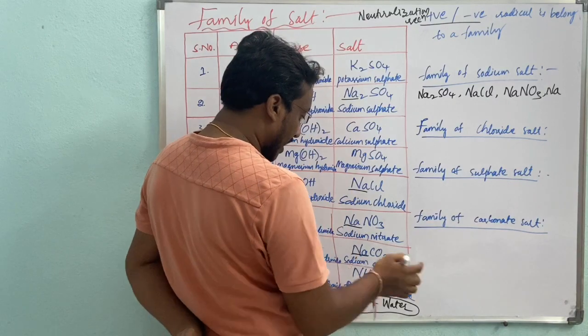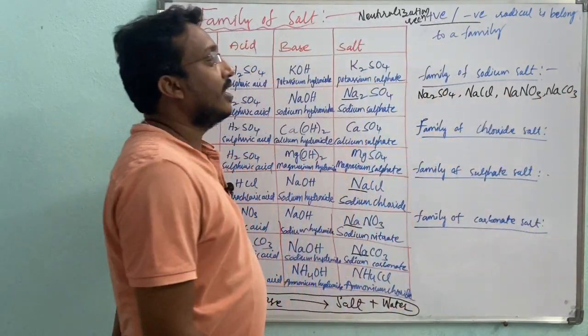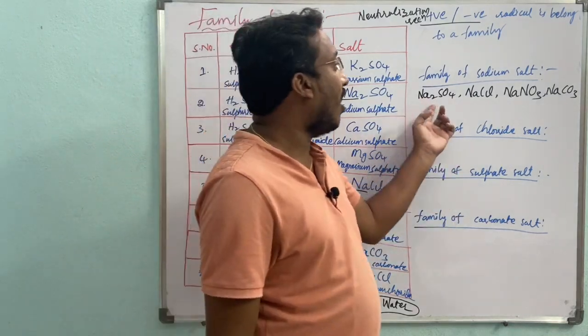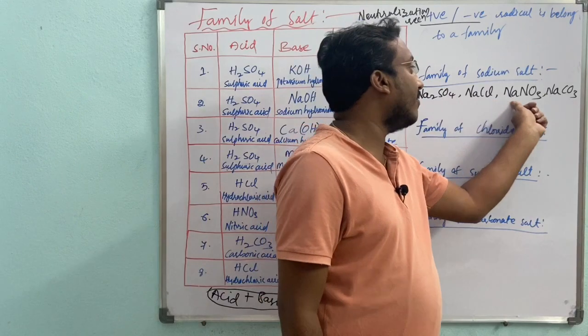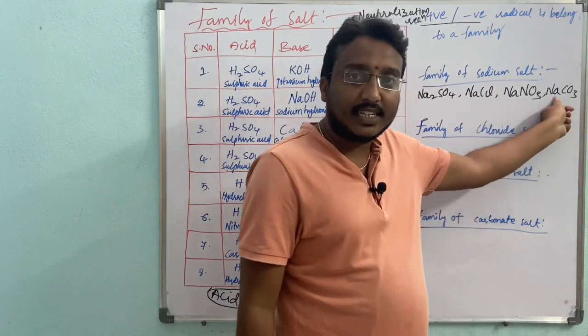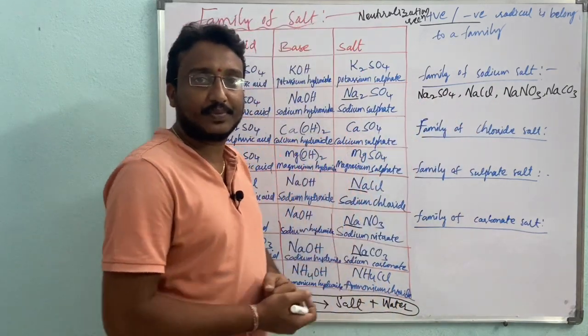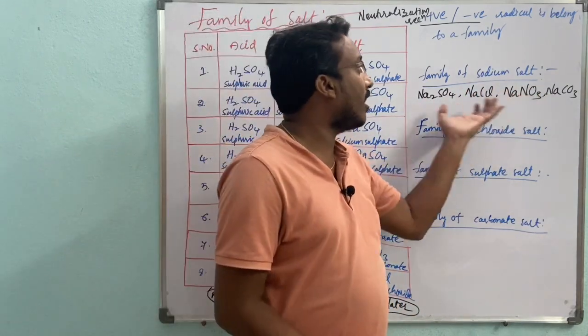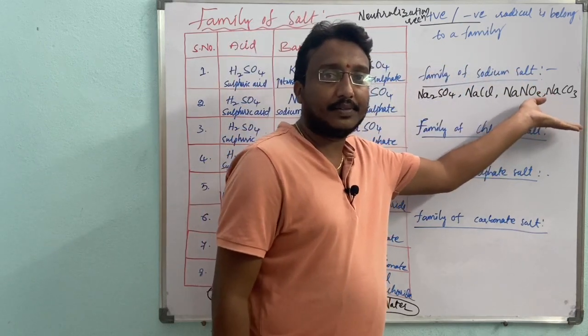Got it? All these salts are in the family of sodium, because the common radical in all of them is sodium. So these are examples of the sodium salt family.